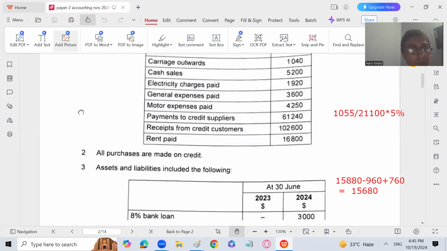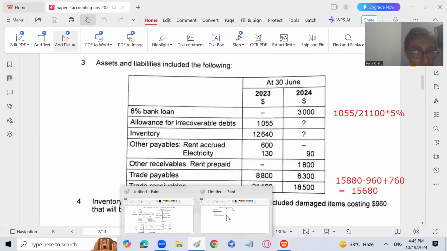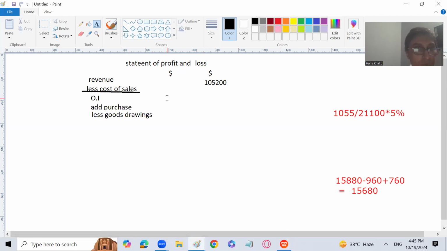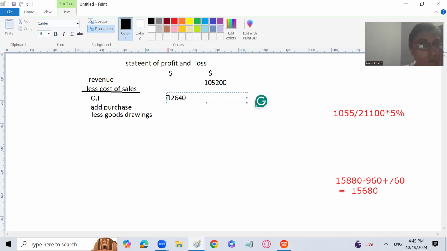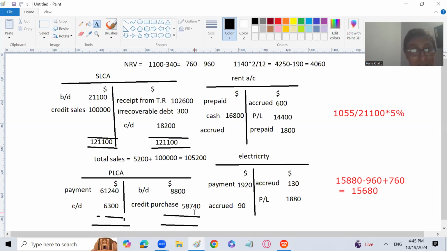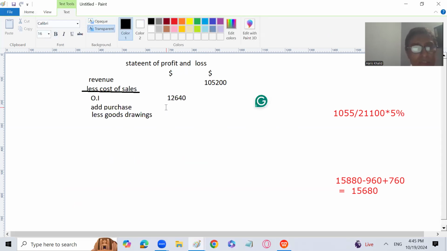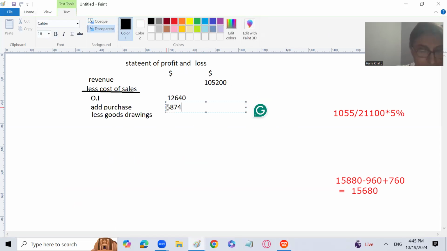So opening inventory is given as 12640, and I write over here 12640. Add purchases. We have calculated purchases already by preparing the PLCA. The credit purchases are 58740. Total I have not given, because that is just the working. It is not a requirement in the question. 58740.